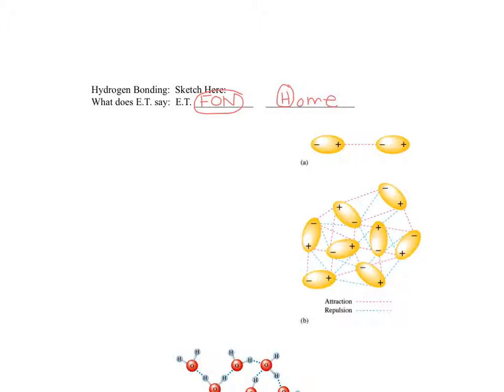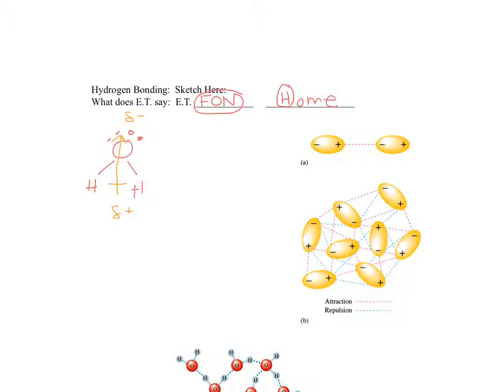So let's look at a hydrogen bond sketch using water. We know that water is a bent molecule due to the two lone pairs of electrons on it. Therefore, we know that the dipole moment is in the upward direction. So this side of the water molecule is slightly negative, this side is slightly positive.